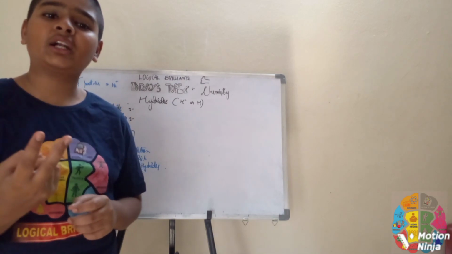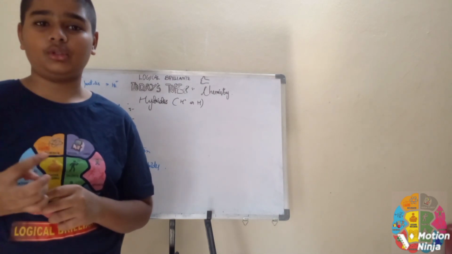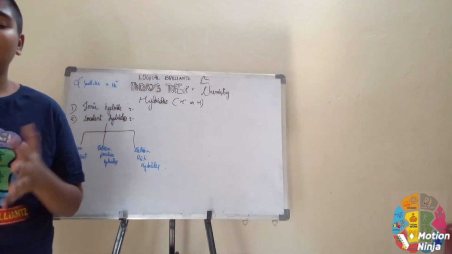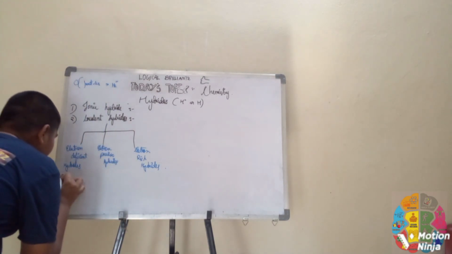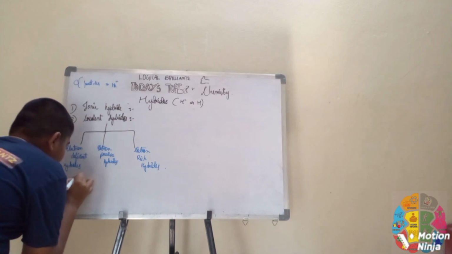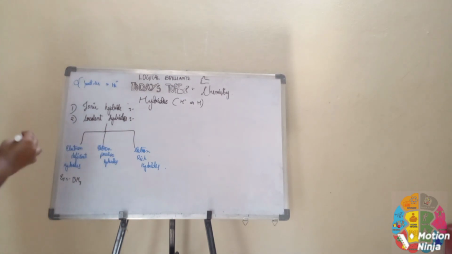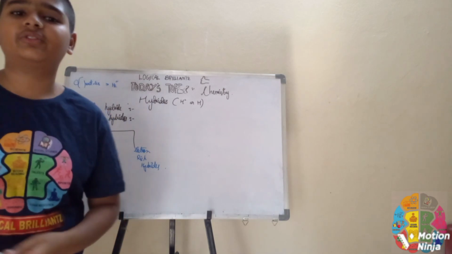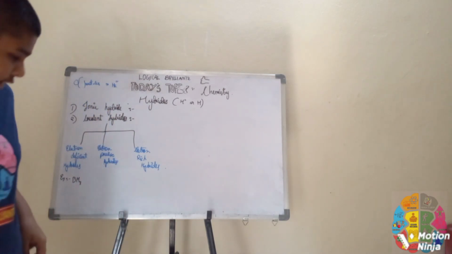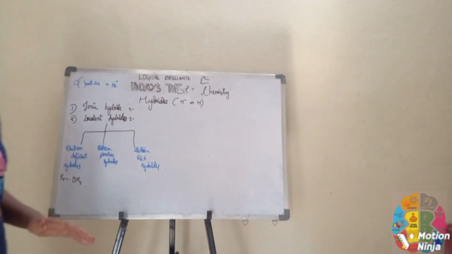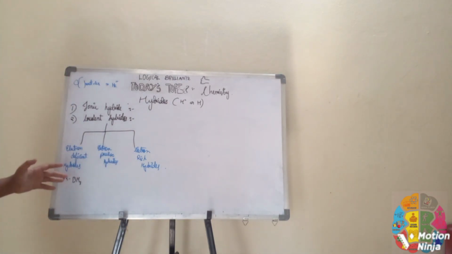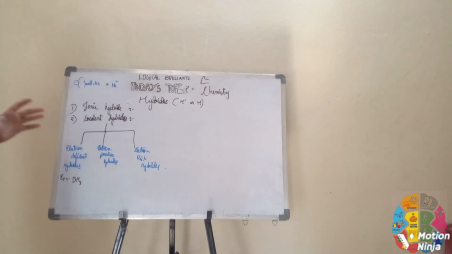It needs 2 more electrons to complete its octet. So boron hydride is an example of electron deficient hydrides, BH3.